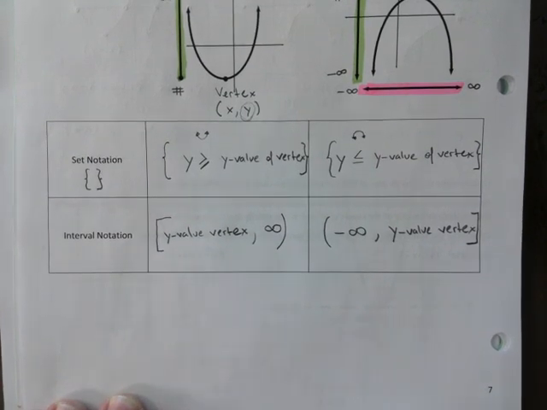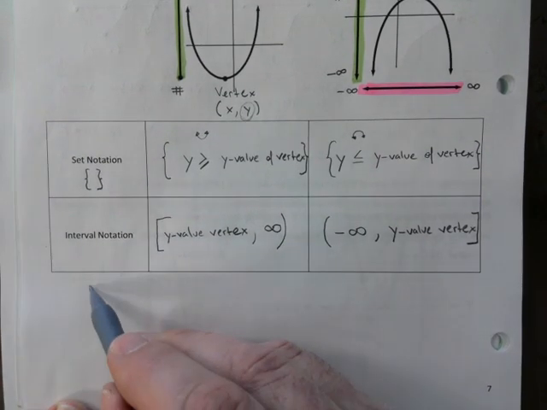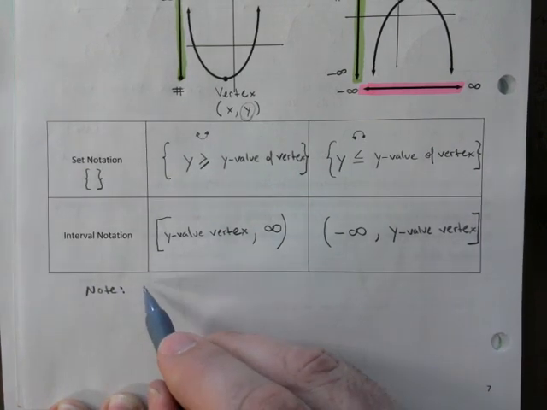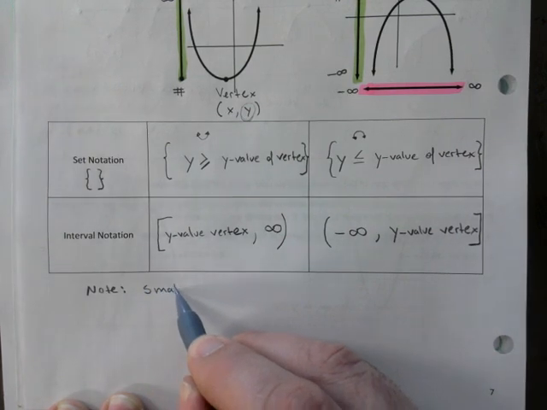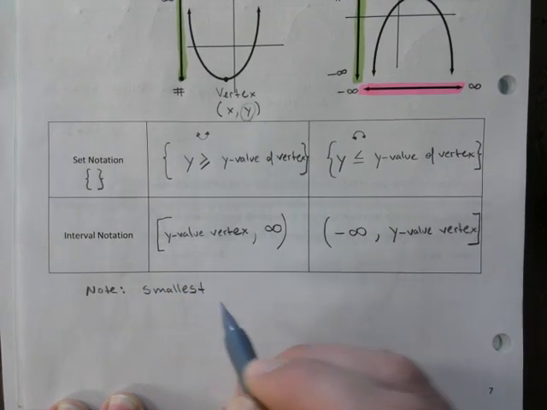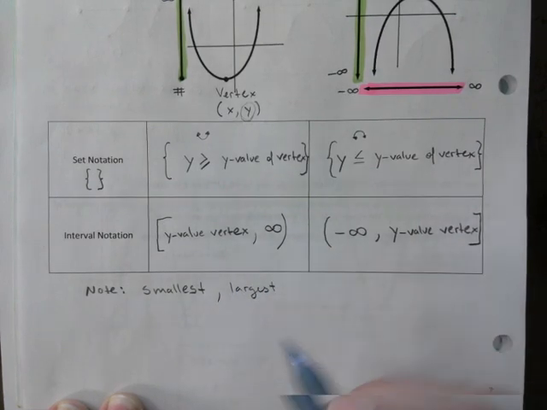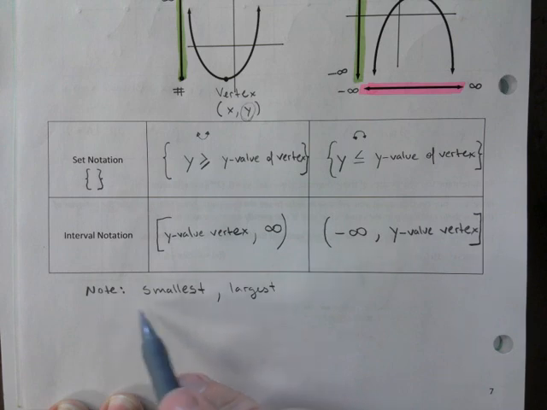And I will give you another note here. Note: smallest first, then largest. Always like that. And I will not put brackets around it because then you're going to think it's always square brackets or always round brackets. Not necessarily.